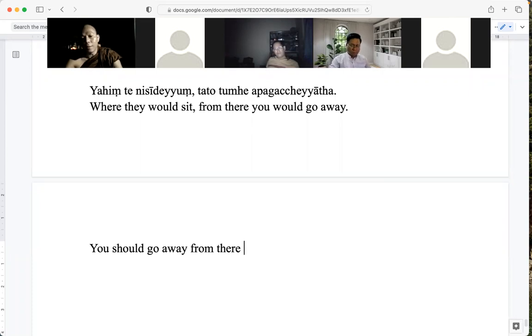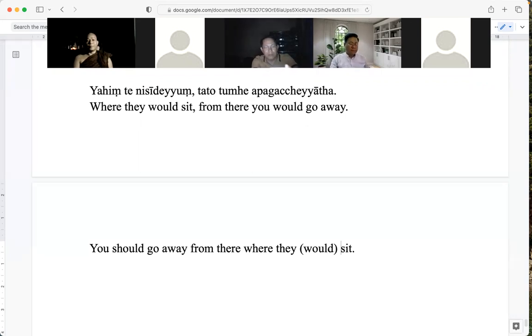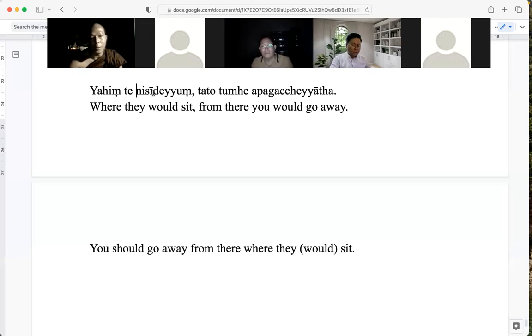And then from there, so where they will sit. Okay. So you should go away from there where they sit. So in this way, but in Pali, both of them are optative verbs, nisideyo and apagaccheyyatha. But in English, one line is lost in this way.